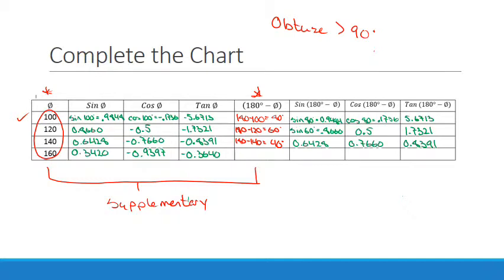Now I calculate my supplementary angle partner. 180 minus 160 equals 20. So sine 20, 0.3420. Then cos 20, 0.9397.